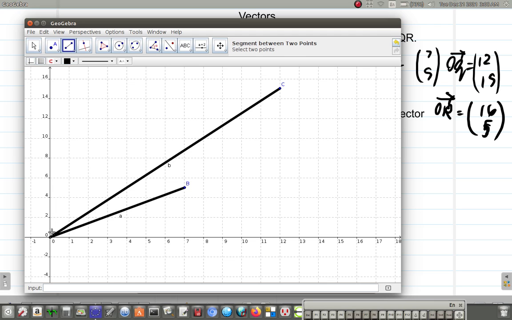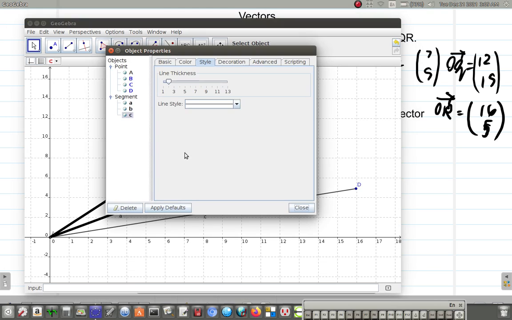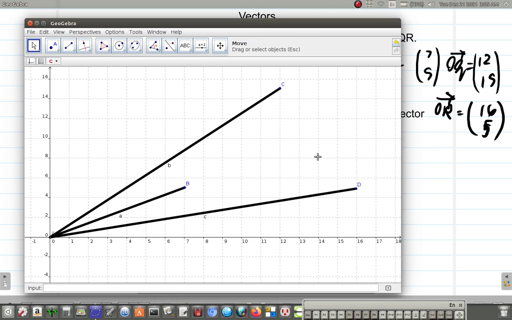So OR goes out to 16 in the x direction and 5 in the y direction. Let me make OR thicker as well. So we have our graph.